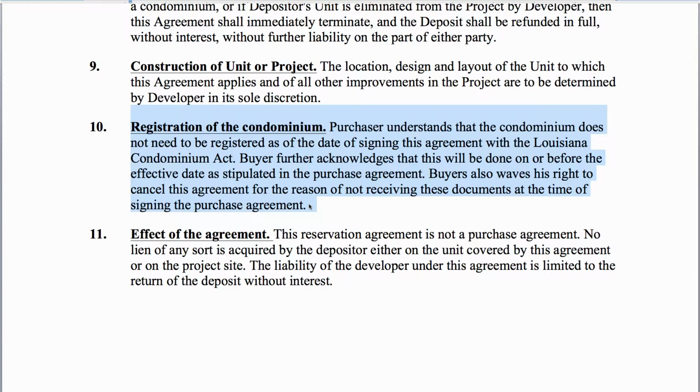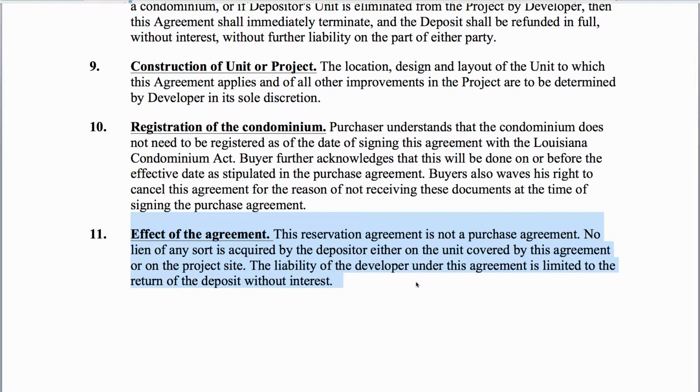And this is stipulated in the offer to purchase. So we just want to make sure that you know that the condominium bylaws, all of that, are not in place yet, and you cannot really cancel the unit because you have not received these documents. So that's this.